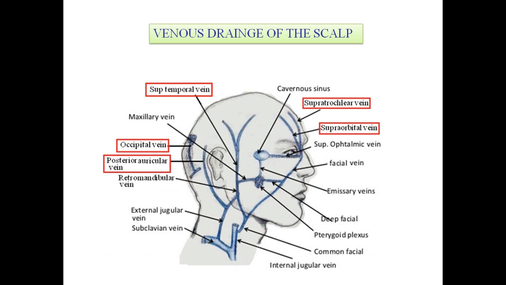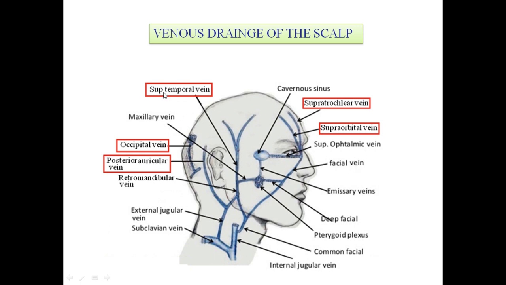Venous drainage. Here in the venous drainage we can see the supratrochlear vein and supraorbital vein, both united together forming the facial vein.